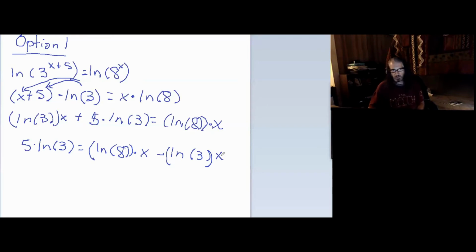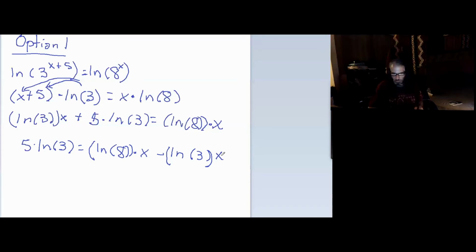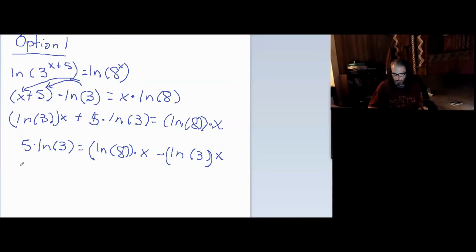If that was 8x minus 3x, you'd combine the like terms and get 5x. The way you're getting 5x is subtracting the coefficients. It's almost like we're factoring the x out. Same thing's going on here.